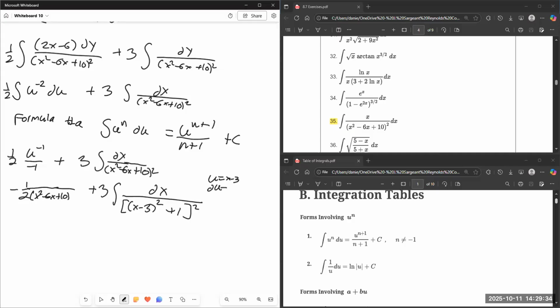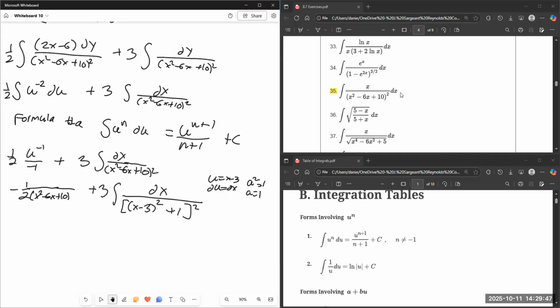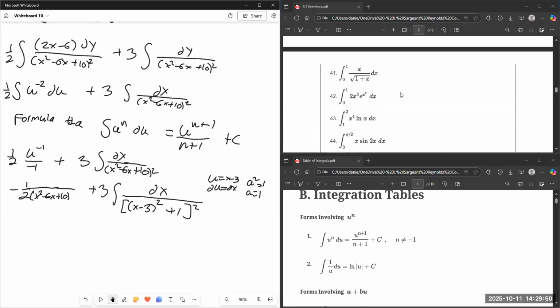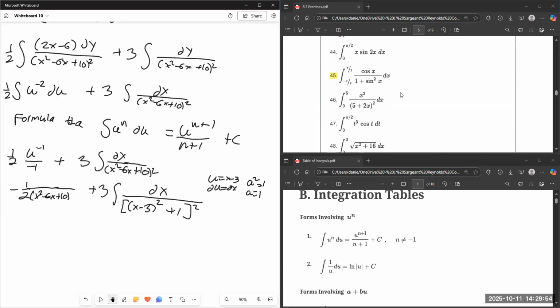My du is dx. My a squared is 1, and my a is 1. And I didn't mark down what formula this is, but let me come and find it for you here.